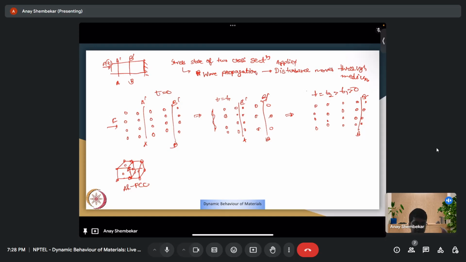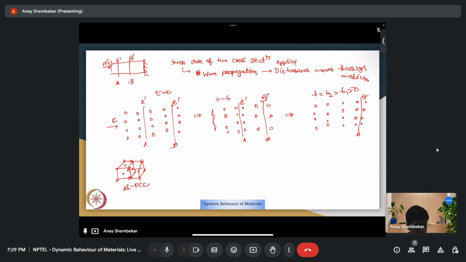Suppose the particles are very light, then you can expect the applied loading to move ahead very quickly, because one particle will move very freely, have very less inertial component, and it will move quickly to its neighborhood and so on. If the particles are massive, because of the inertia, those particles will propagate the disturbance in a slower manner. Flip this around, think about stiffness. Greater the stiffness, more quickly the disturbance will pass around.